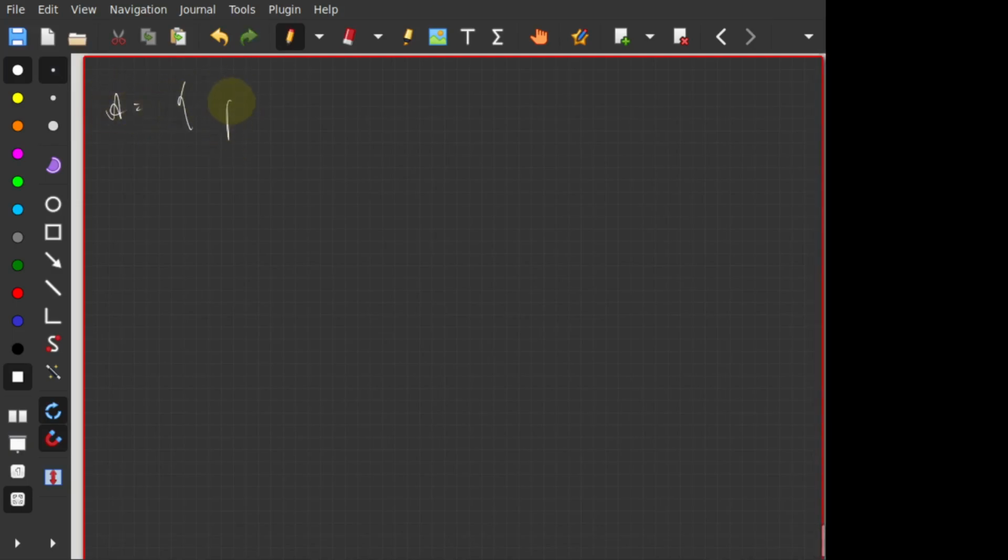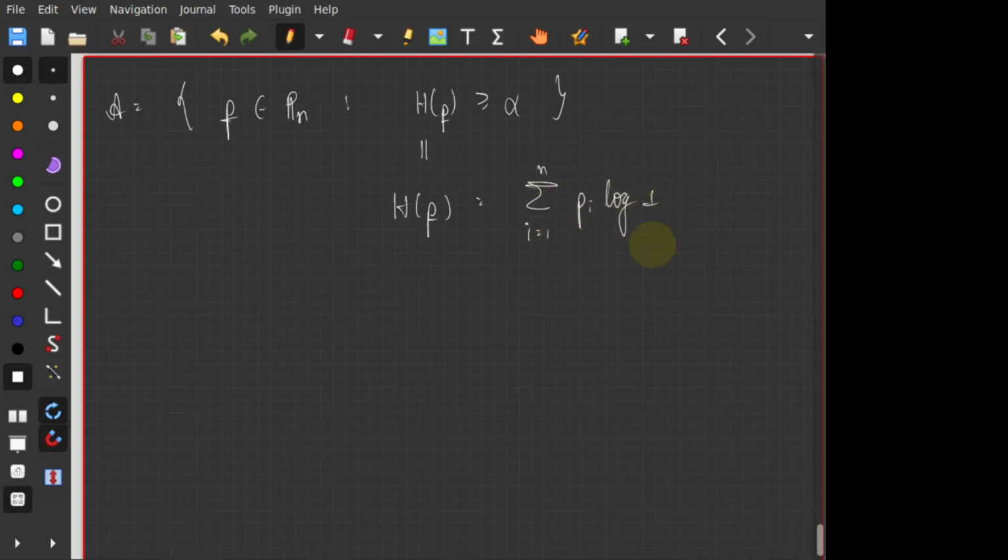So A is the set of all PMFs on n symbols for which the entropy is greater than or equal to a certain amount, right? And what is this function? It's a function of p, summation i equal to 1 to n of p_i log 1 over p_i.